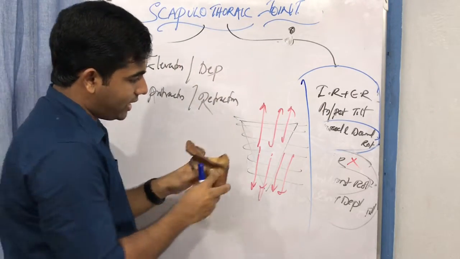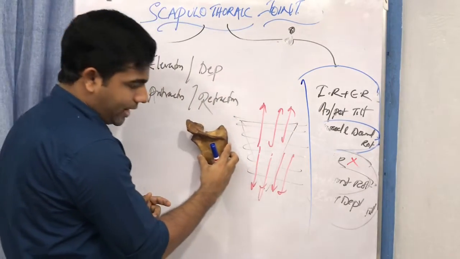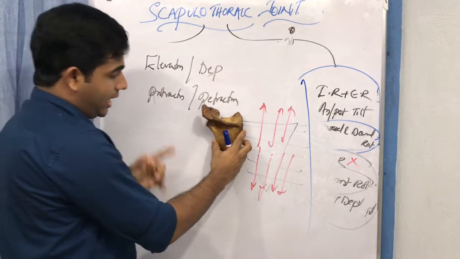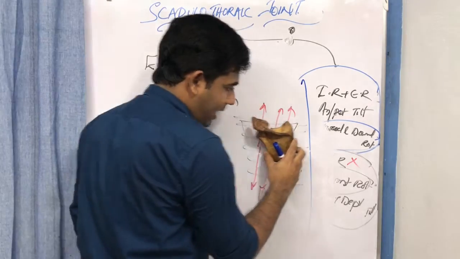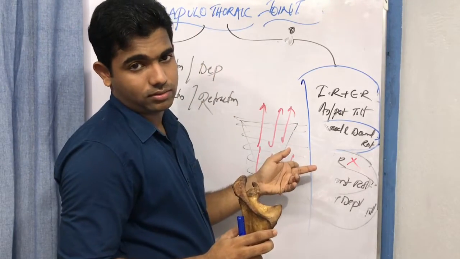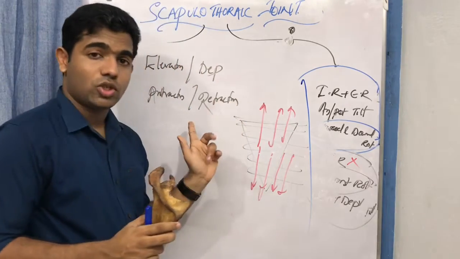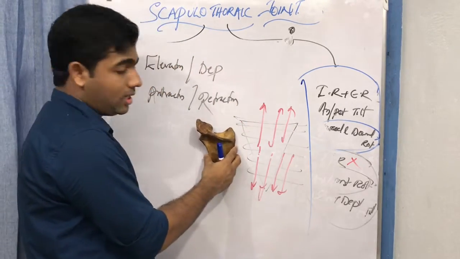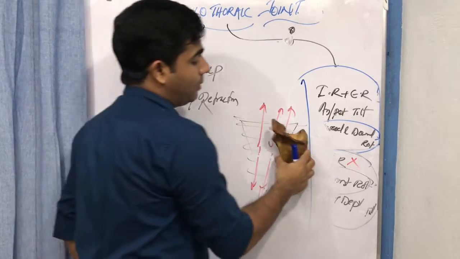If the scapula is translating outside to the lateral side, it is known as protraction. If the scapula is moving inside, near the vertebral column, it is known as retraction. It is also known as abduction and adduction. Abduction is very easy to understand: away from the midline, and adduction is towards the midline.